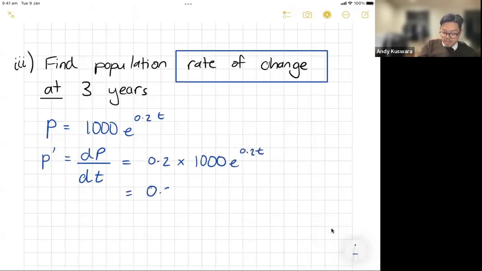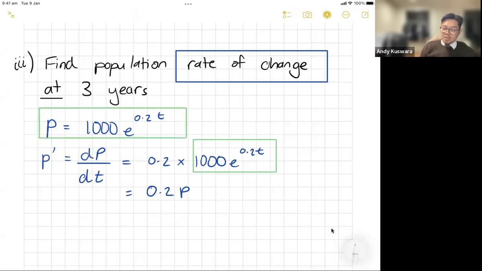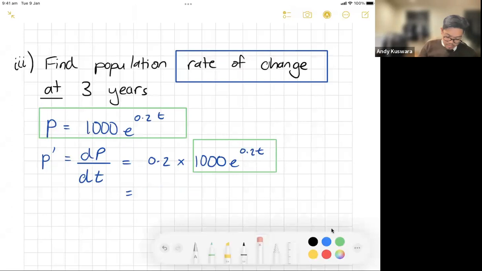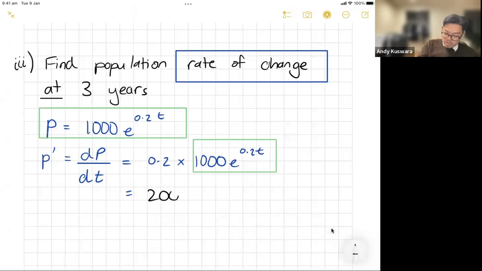Sometimes they'll say that's 0.2P, because this is exactly the same thing as P. But for this particular case, let's just work with this. So I've got 0.2 times 1,000, that's 200. So my rate of change is 200 times e to the 0.2t.